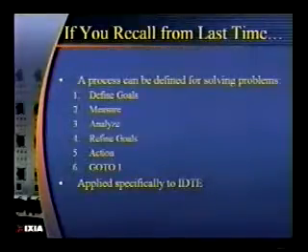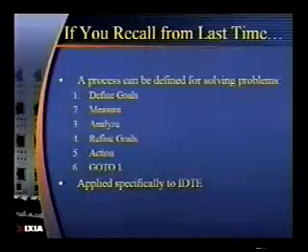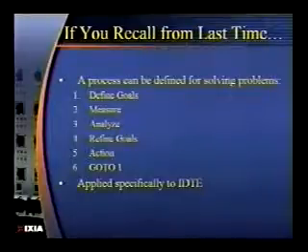So when we were in Miami sometime back, I guess that was February, we defined a process for solving problems using this sort of technology. It started with defining goals, clearly defining a problem statement so that as you went to measure data, you knew what you were doing, how to group it, and how to look at it.